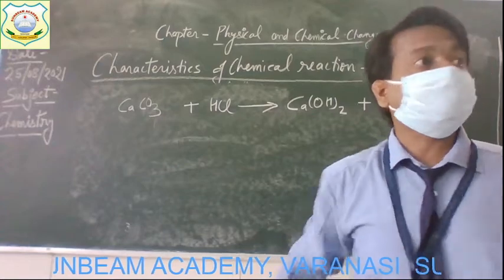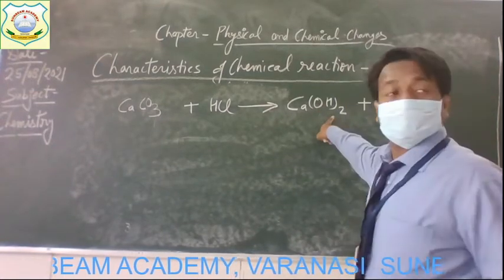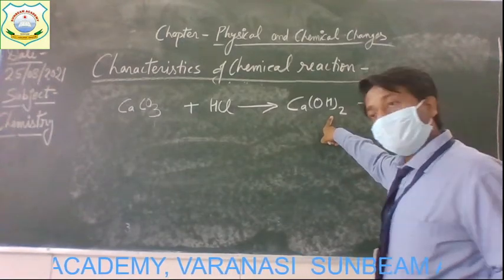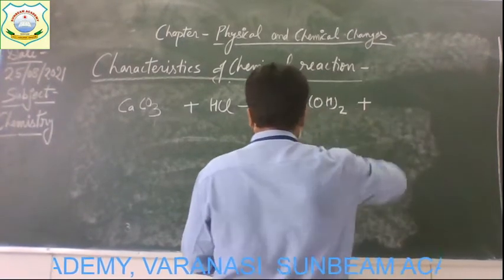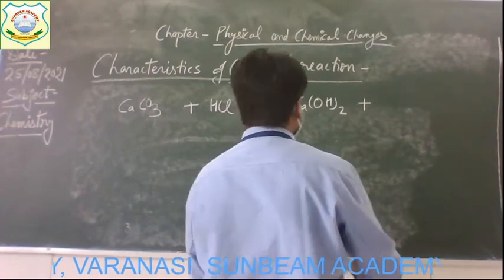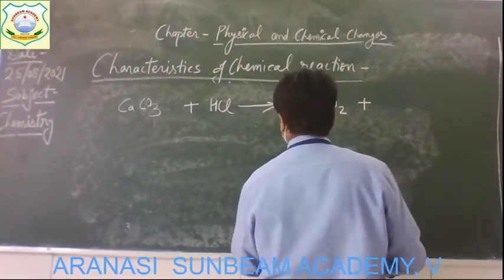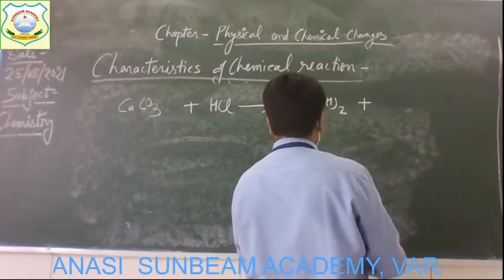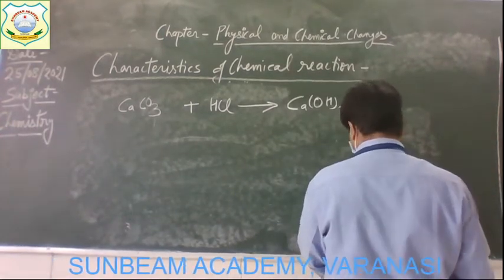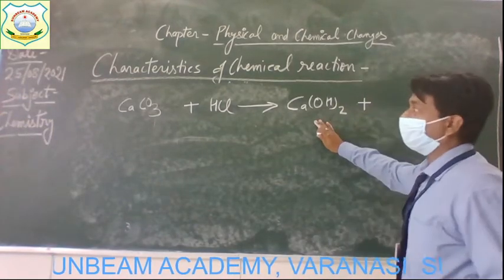Calcium hydroxide, Ca(OH)2. What is this? Calcium hydroxide. And what will form along with it? Along with it, what other substance will form?